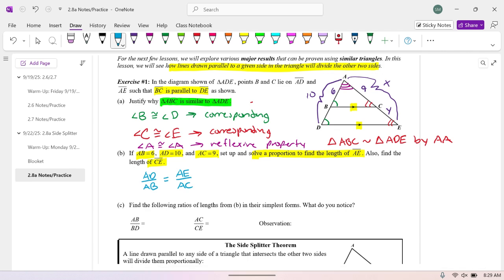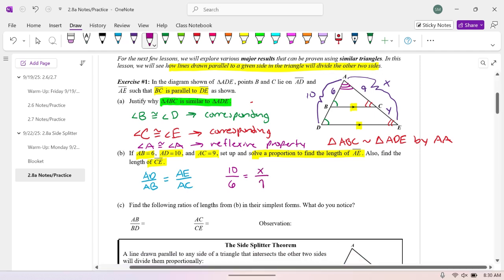How would I set this up using the information that I have? What's the length of AD? 10 over what? 6 is equal to, what's AE? X, and then over 9.